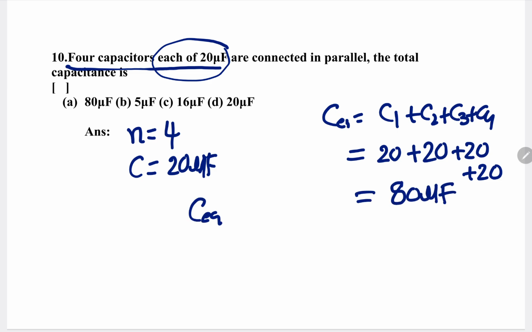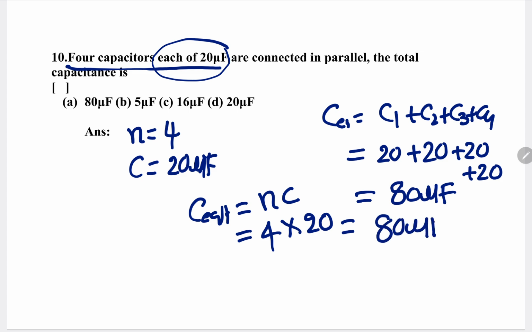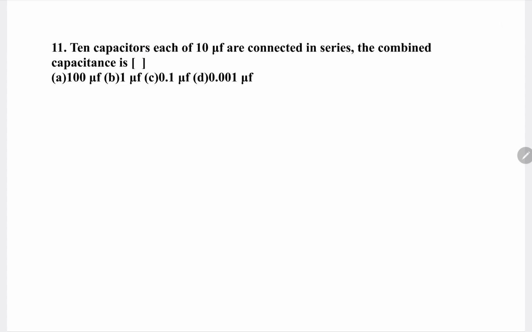Simply what I can write, whenever equal capacitors are connected in parallel, the total capacitance value is N into C. N is how many capacitors? 4. C is equal to 20 microfarad, that is 80 microfarad. So answer is A, 80 microfarad. Next, 11th question.